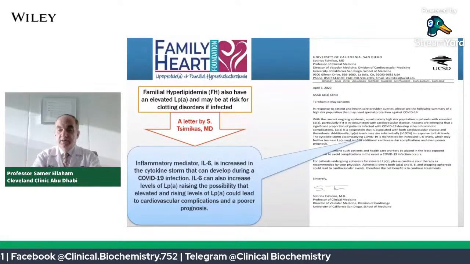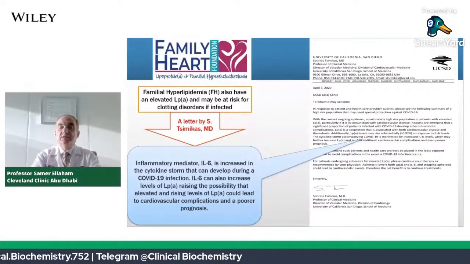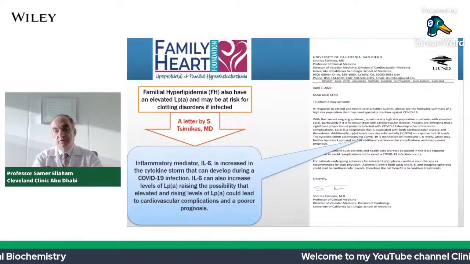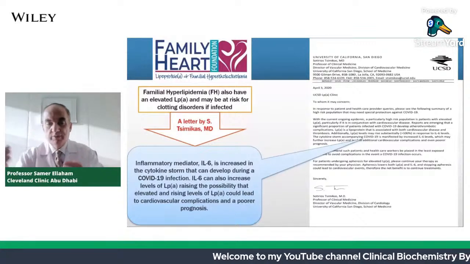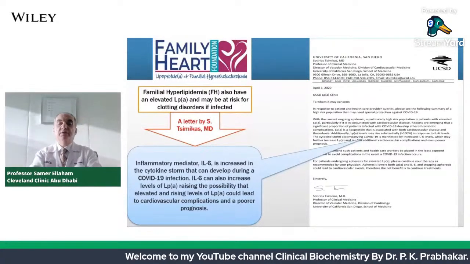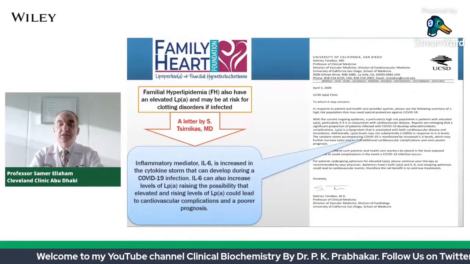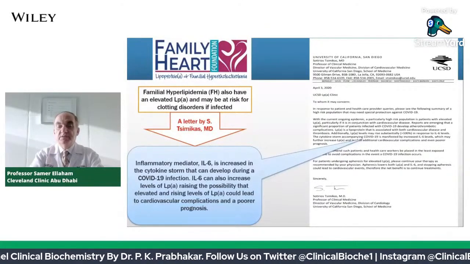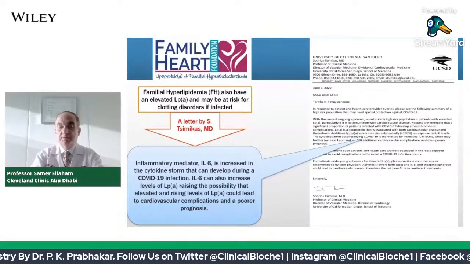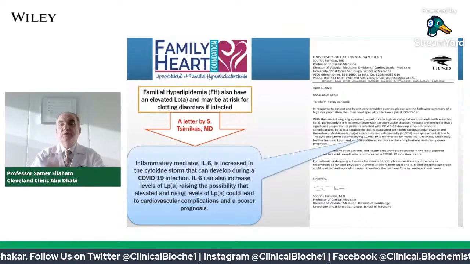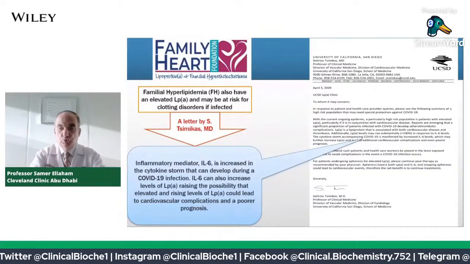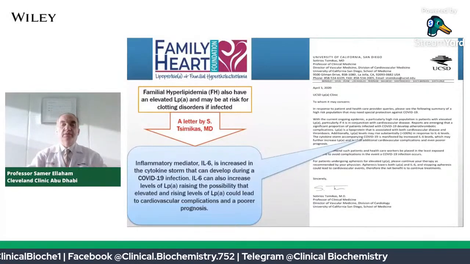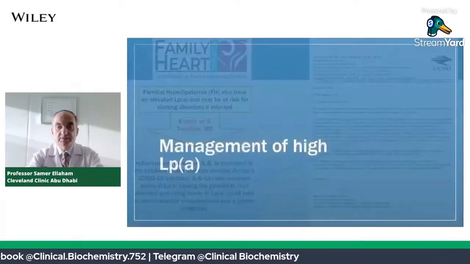Inflammatory mediators, interleukin-6, is increased in the cytokine storm that can develop during COVID-19 infection. We're not done with it. And I'm sure you know about some cases rising in the Far East. Interleukin-6 can also increase the levels of Lp(a), raising the possibility that these patients will have cardiovascular complications, poorer prognosis, and what I told you, which is the cytokine storm that I'm sure you've heard about. So I think you could see this triangle that I mentioned in the past.